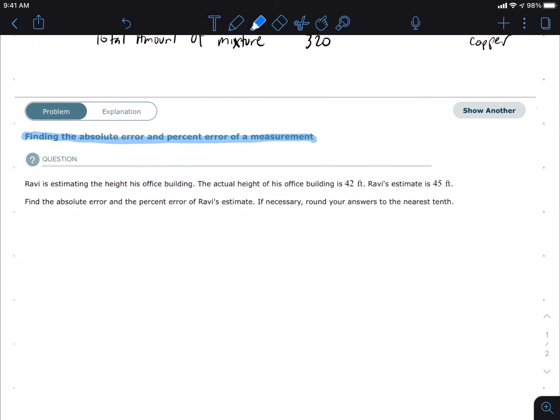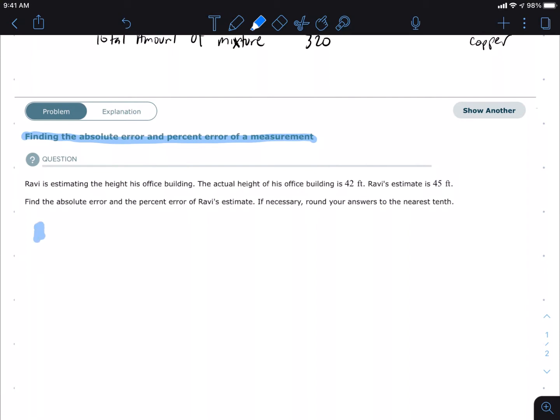And then absolute error is just the difference between the two amounts. So in this problem here, it says Ravi is estimating the height of his building. The actual height of the building is 42 feet. Ravi estimates it to be 45 feet.